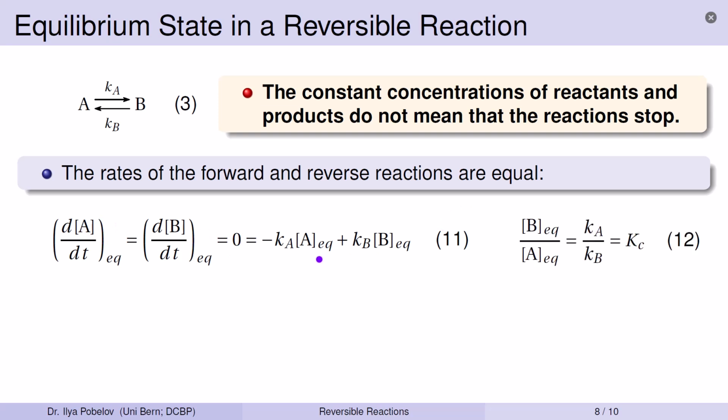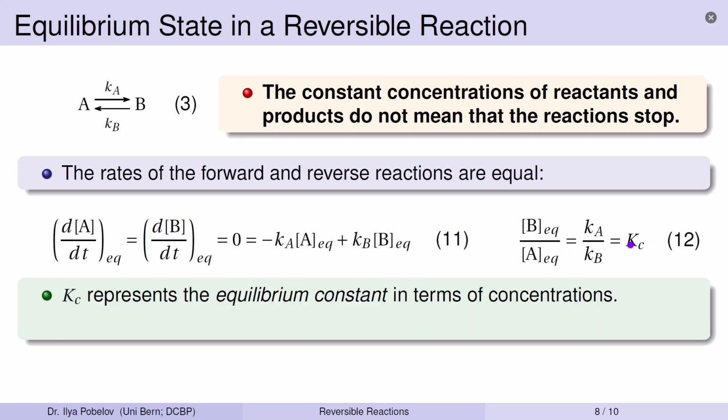By analyzing the differential rate expressions for reactants and products at the equilibrium state, we derive the following equation. Here, Kc represents the equilibrium constant in terms of concentrations. This equation is significant as it links the kinetic and thermodynamic perspectives of a chemical reaction.